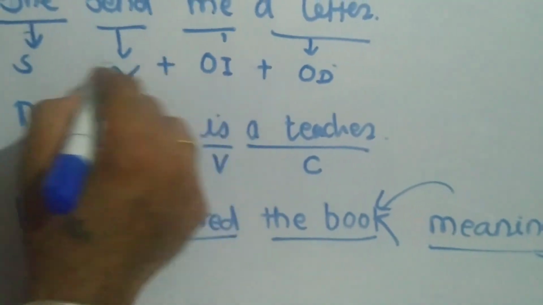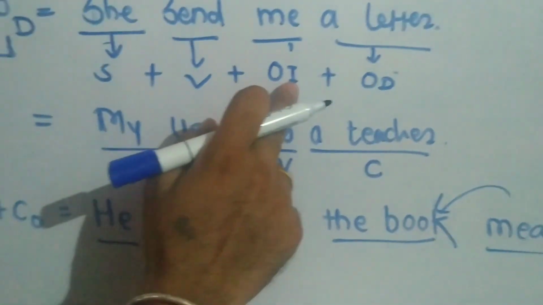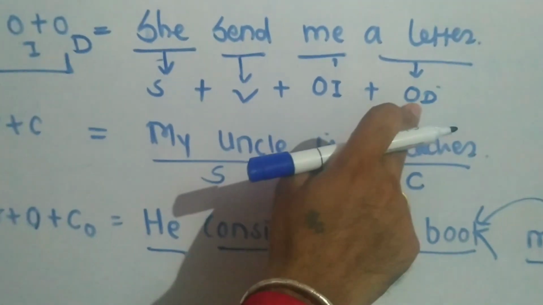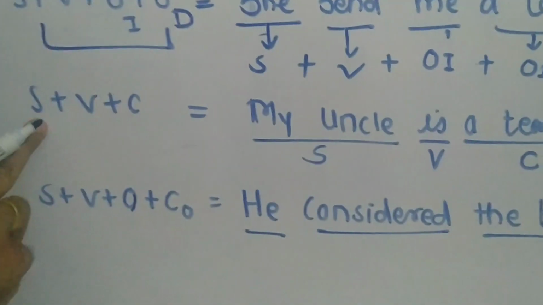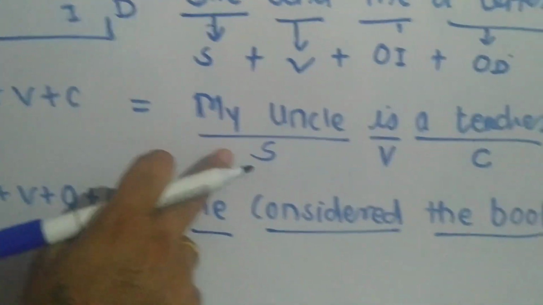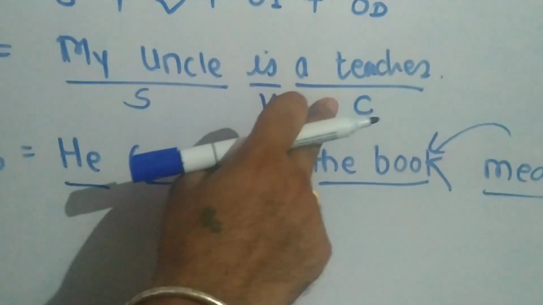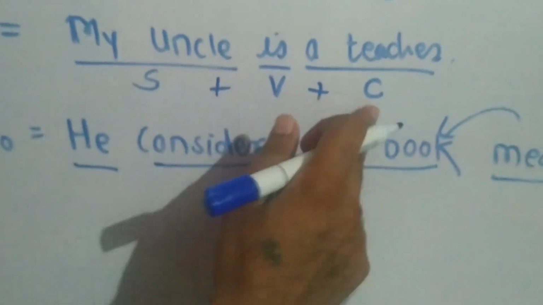So we get the structure S, V, indirect object OI and direct object OD. The next one is SVC, subject, verb and complement. Now dear friends, my uncle is the subject, is is the verb, and our teacher is the complement. So we get the structure SVC.